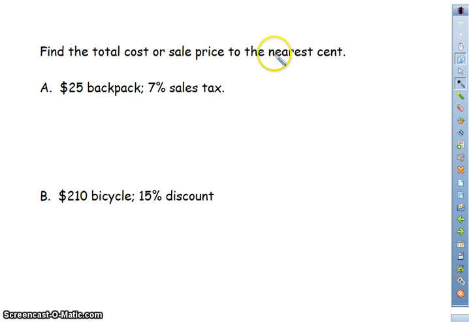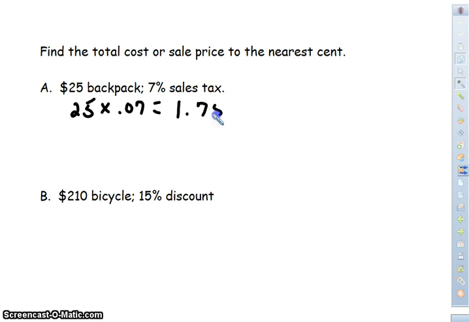Find the total cost or sale price to the nearest cent. Again, $25 times my percent, which is 0.07. So 25 times 0.07, which is $1.75. It is a tax, so $25 plus $1.75.